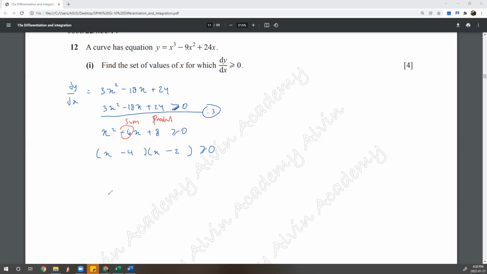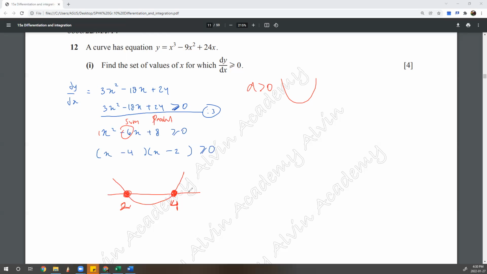So we have the zero makers here, 2 and 4. And the curve is frowning or smiling? A is positive 1. So if A is positive, remember, the curve will be facing upwards, smiling.